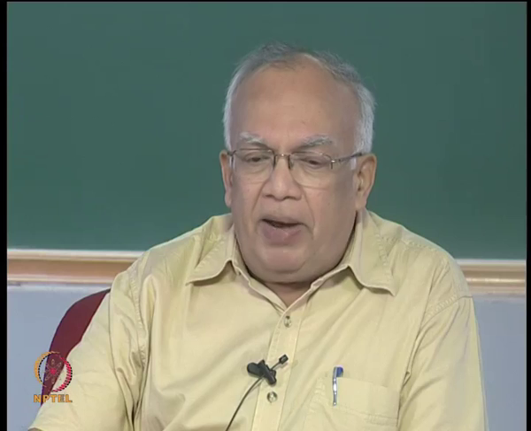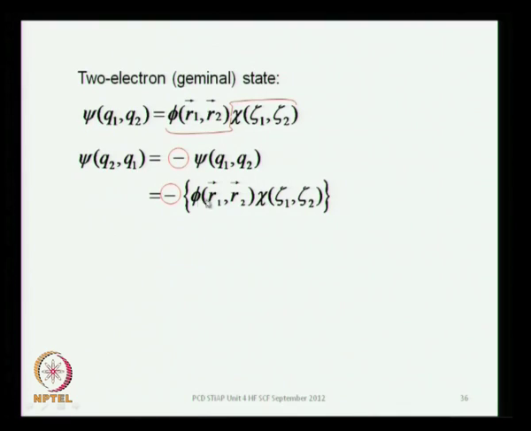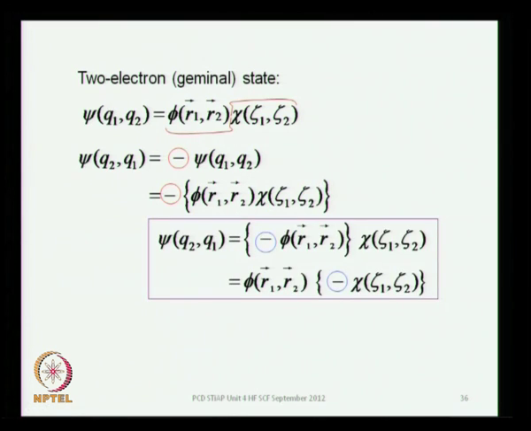So this becomes minus of psi q1 q2, but this minus sign can be associated with phi or with chi. You can have minus phi times plus chi or plus phi times minus chi.